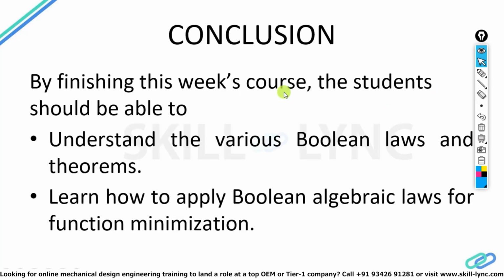So the conclusion is that by finishing this Boolean algebra lecture part of the course, you are able to understand the various Boolean laws and theorems and how to apply these Boolean algebraic laws for function minimization. Okay, I am simply showing you, for example, B plus B bar.